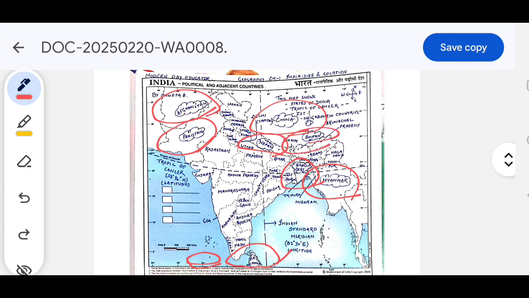Then we have Bhutan. So these 9 are our neighboring countries. 2 are in the water bodies, and 7 are on the land boundary of India. So these are the neighboring countries.